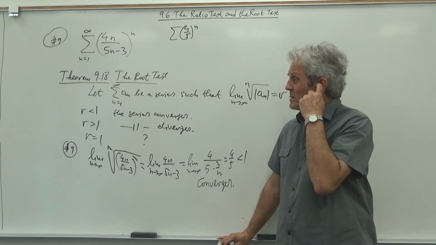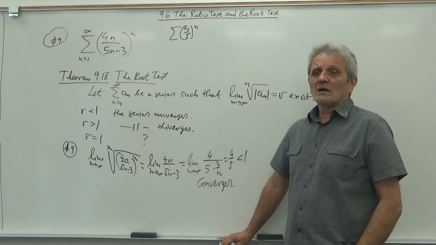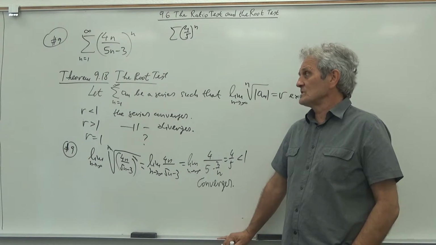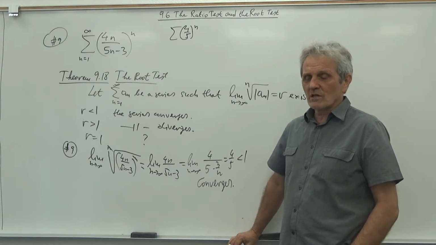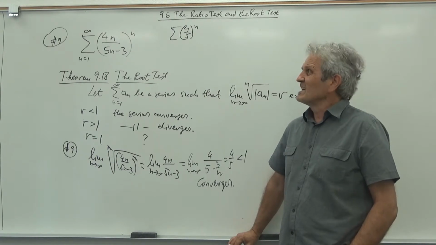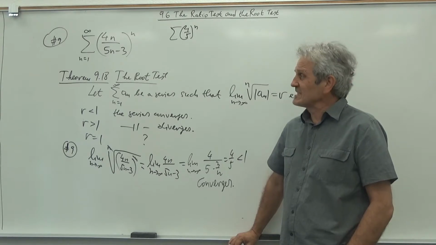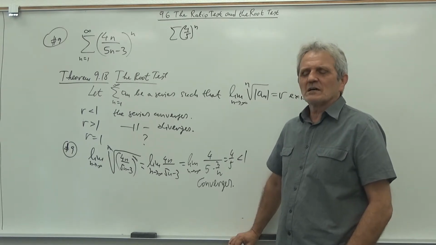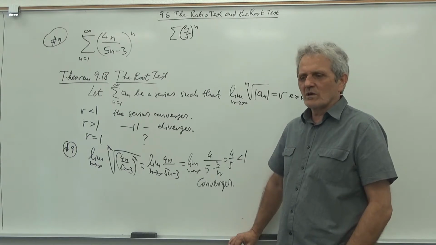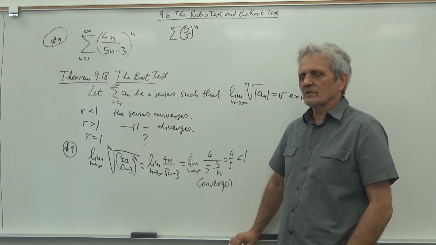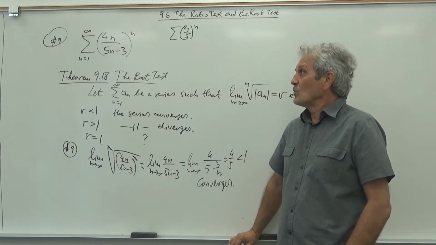By the way, just one comparison about efficiency. The weakness of both tests is that sometimes they're inconclusive. So which is more general? Which test is stronger? They have basically similar strength. The root test is slightly more efficient, so there are exotic examples where the ratio test is inconclusive and the root test gives you the answer. Which one do you use?